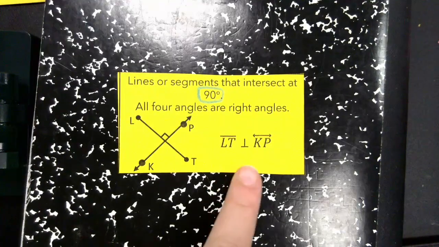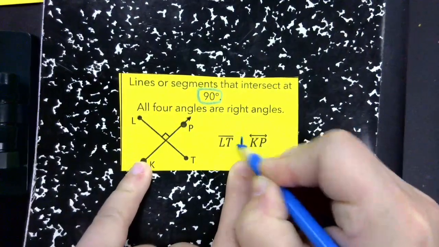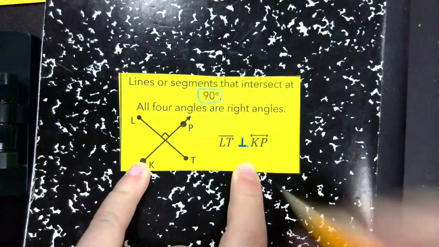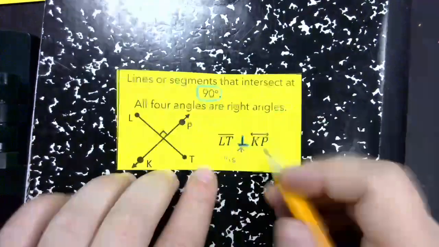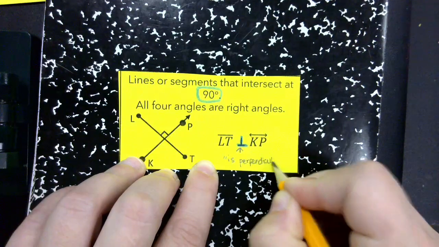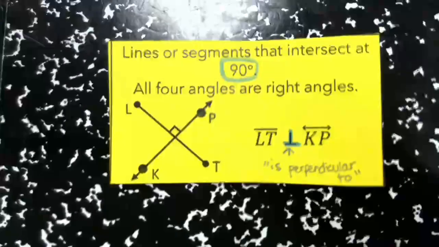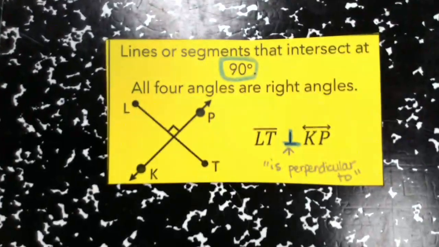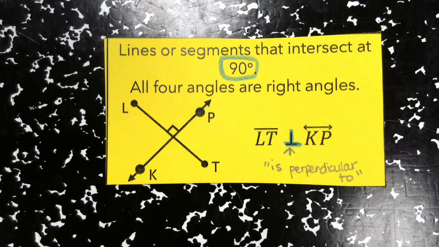The symbol we use for perpendicular is this upside down T, like an upside down capital T. And the way that we read that is perpendicular to. So rather than writing out that word perpendicular every time, we just use that upside down T.